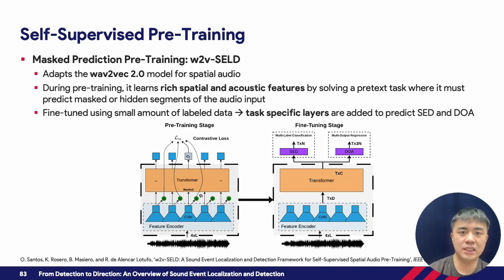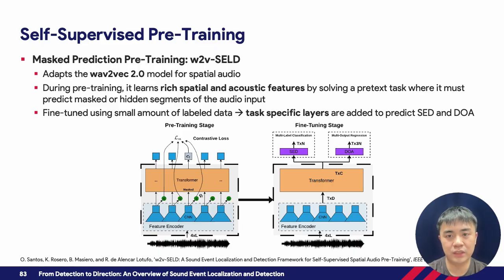One of the most popular self-supervised approaches is masked prediction pre-training. The Wav2Vec SELD framework is a prime example, adapting the famous Wav2Vec model for spatial audio. So this is a two-stage process. In the first stage, as shown on the left, the model is pre-trained on a massive amount of unlabeled multi-channel audio. It's given a pretext task: predict the content of randomly masked or hidden segments of the input.